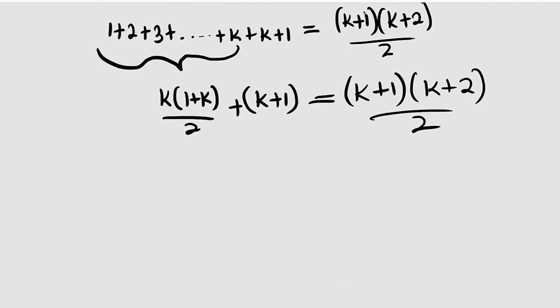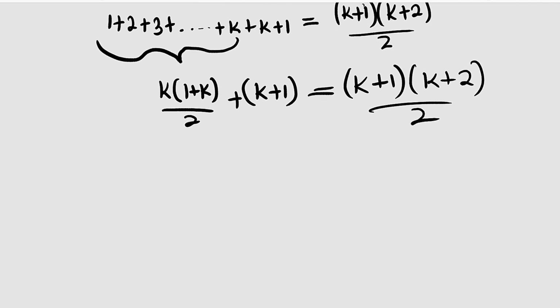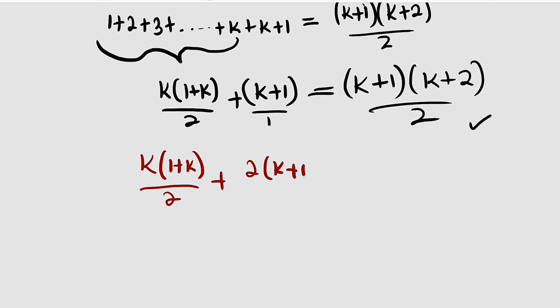So let me just go ahead and simplify the left hand side because we have already seen what the right hand side is. We can write this as divided by 1. To make the denominators the same, we can multiply the top and the bottom by 2, right? So we have k multiplied by 1 plus k divided by 2, then plus 2 of k plus 1 divided by 2.